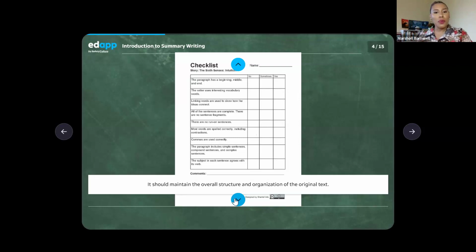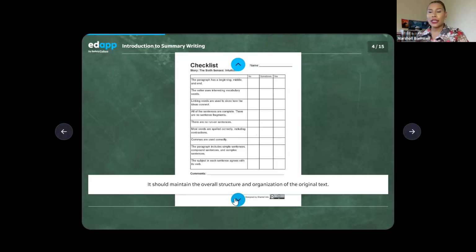So if I'm going through my original piece and the first point that is mentioned is A, in my summary, as I am presenting the paraphrase, the points, I will present the point A first, followed by B, followed by C. The organization, the tone, everything must be maintained.